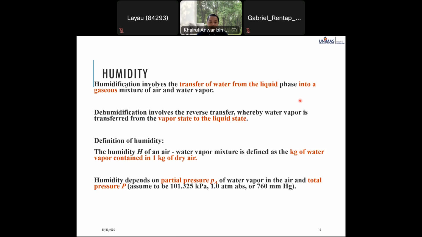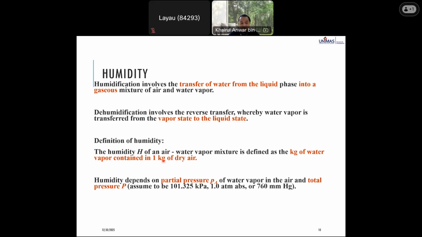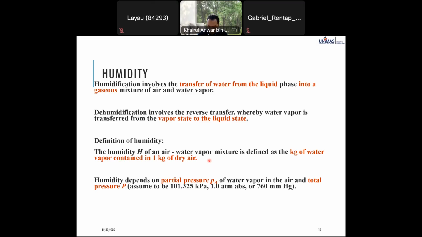By definition, humidity H of an air-water vapor mixture is the kg of water vapor contained in 1 kg of dry air, so the unit of humidity is kg H2O per kg dry air. Humidity depends on the partial pressure PA of water vapor in the air and the total pressure P, which is 101 kilopascal, 1 atm or 760 mmHg.